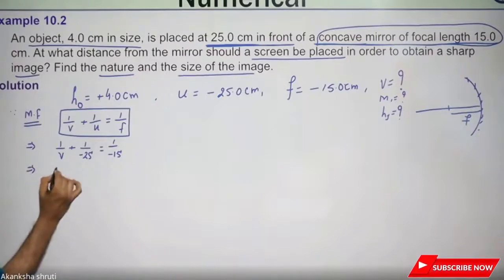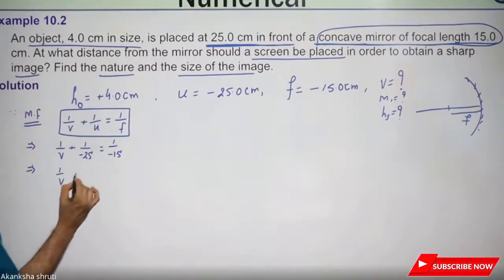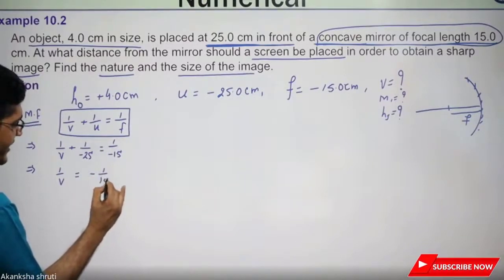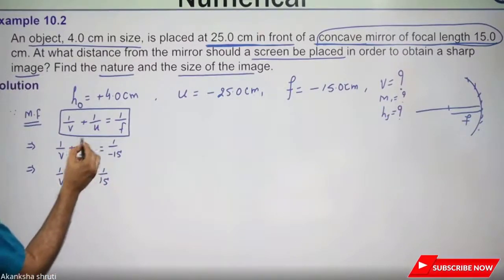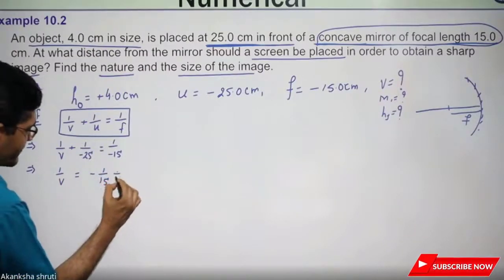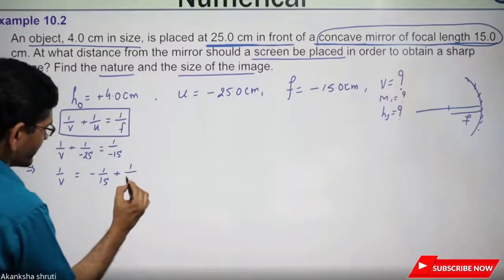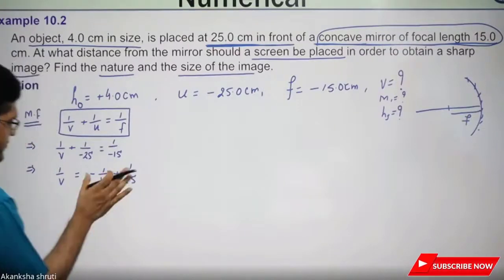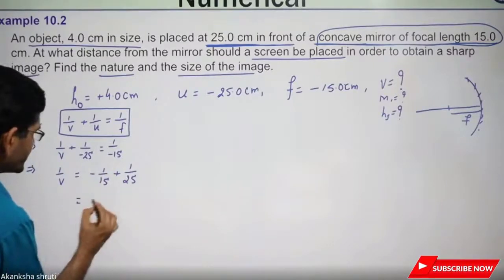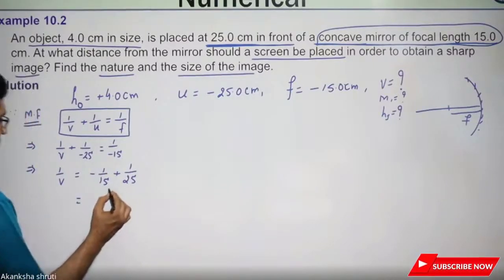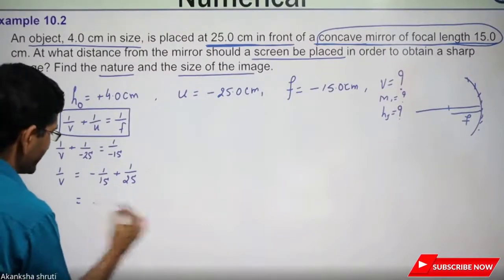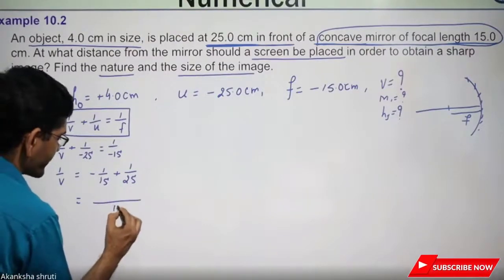Now just solve it. 1 by V is equal to minus of 1 by 15 on the right hand side, and from the left hand side the minus of 1 by 25 will turn positive 1 by 25 on the right hand side. Let me solve it. 150 is the LCM.